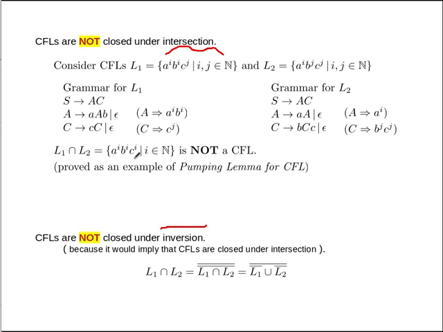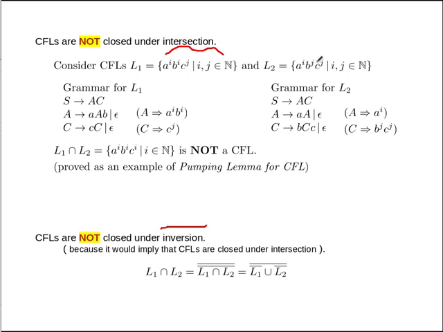So here you see that all these powers are equal. In this L1, I take these two powers to be equal, this A to the I, B to the I, so this I is the same, but then this C to the J can be anything. So J can be less than I, J can be greater than I, J can be equal to I; we do not care.